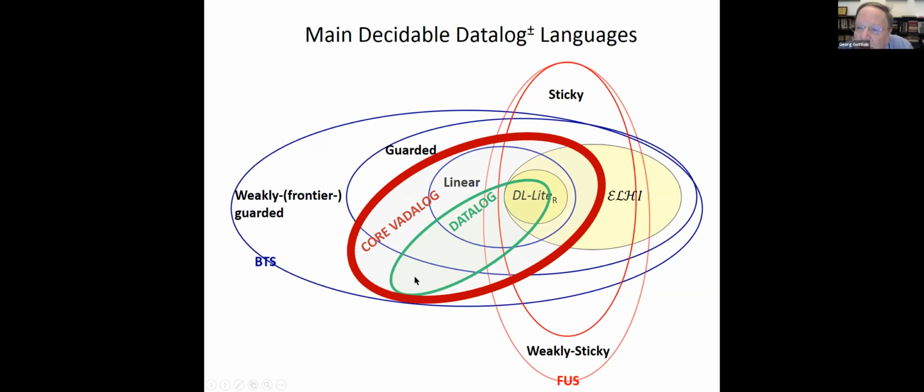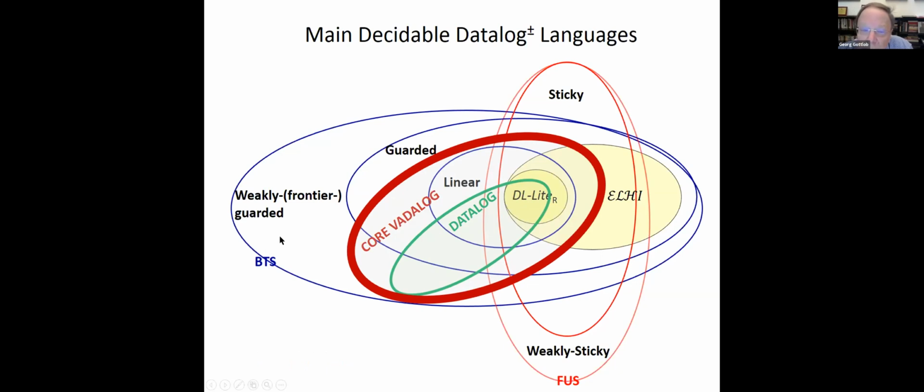It contains Datalog as a sub-language. It contains DL-Lite, the description logic, as a sub-language. It captures another language, so-called linear Datalog plus minus, as a sub-language. But it is a subset of weakly guarded, but weakly guarded, unfortunately, is very complex.